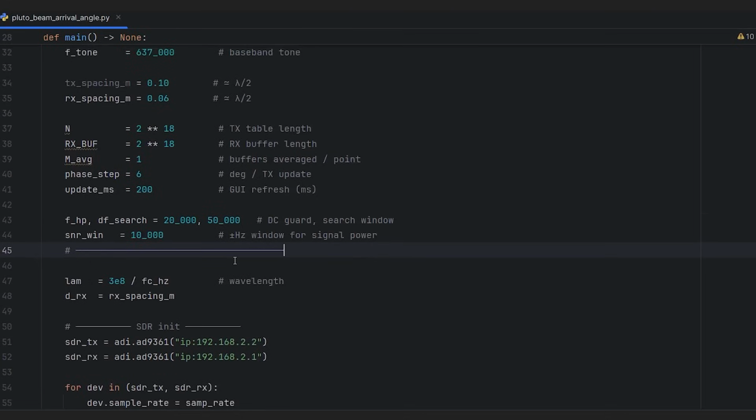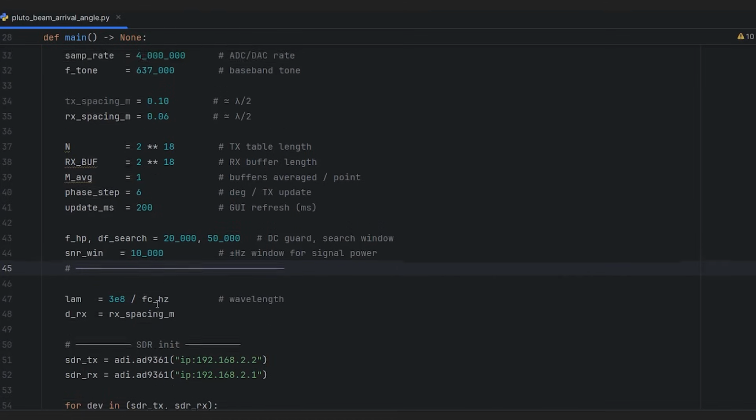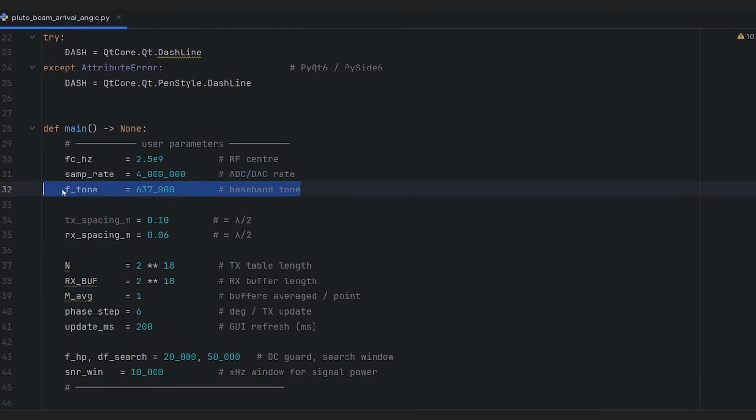Another thing, which I'll talk about as we go further into the code, is that in the baseband we have a tone which I defined to be 637 kilohertz. We create this, then it's up converted by the mixer and transmitted, and in the receiver, which is the second ADALM-Pluto, it is down converted, and after the ADC we should see a similar tone, 637 in the baseband.